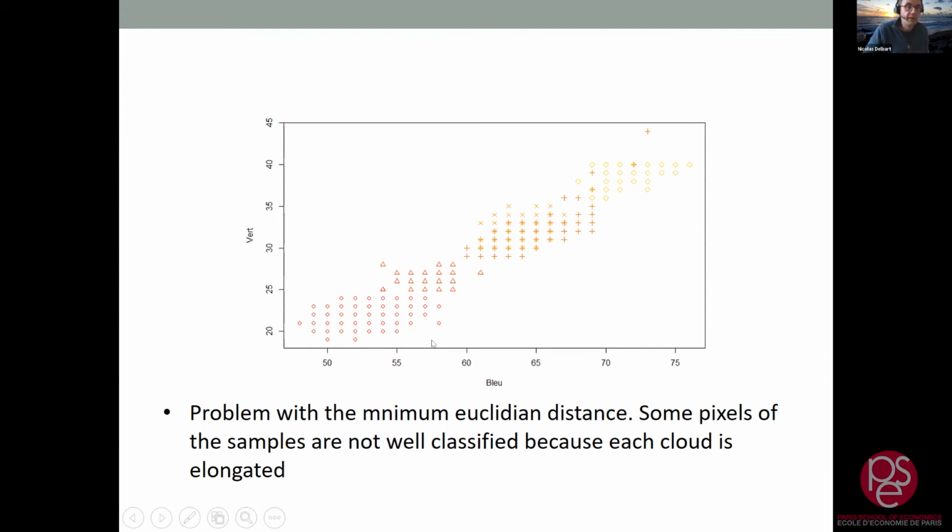Because it is elongated, we can have problems if we use the simple minimum distance algorithm that I presented previously. Why? Imagine if we take this class here. In the previous algorithm, this class will be represented only by its barycenter, which would be here.